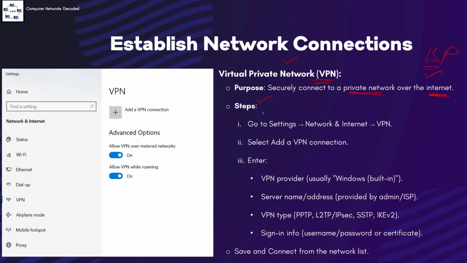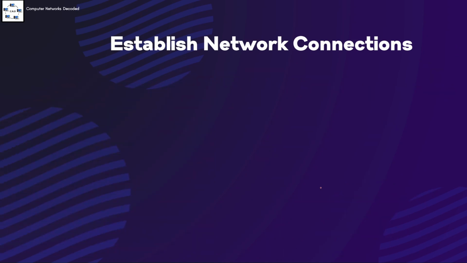The steps to configure a VPN include going to Settings, then Network and Internet, then the VPN option, and selecting the VPN connection. We click on this plus, enter this information to configure the VPN, save, and connect from the network list. So these are the options that you can use to set up a VPN.